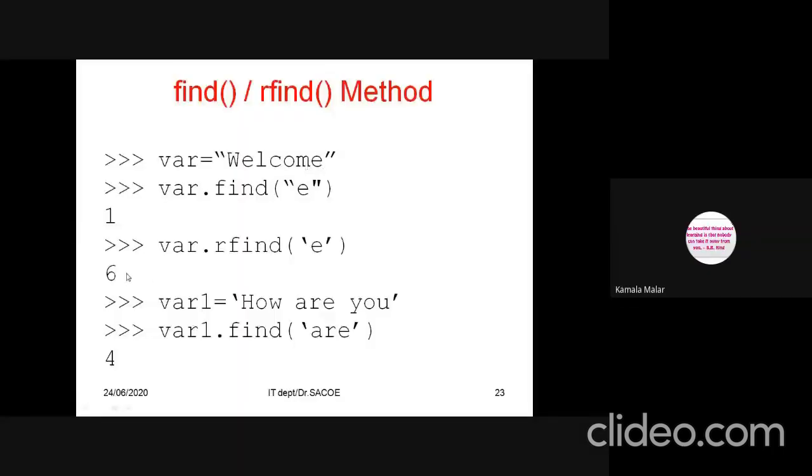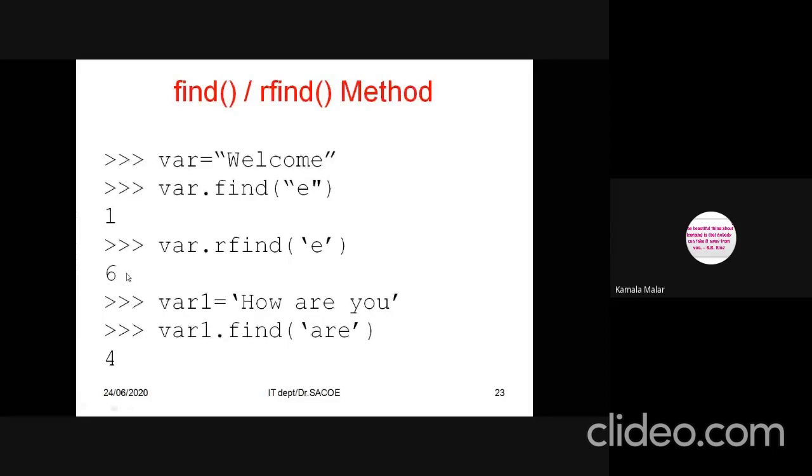Then rfind will return the index from right to left. From the right, the e is the last one, so it will return that. 0, 1, 2, 3, 4, 5, 6. So the sixth position, so the answer is 6.